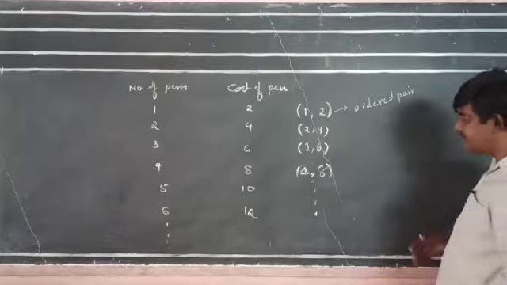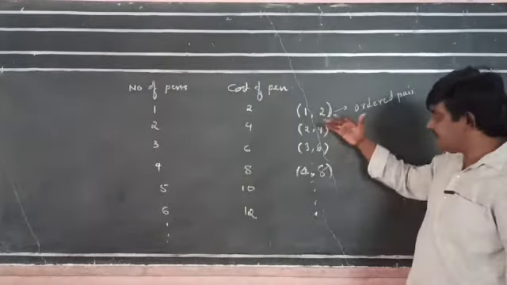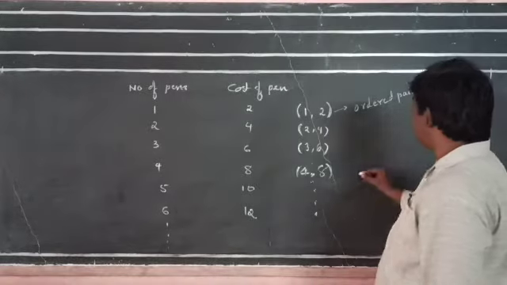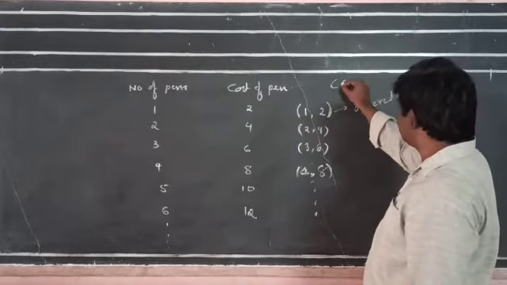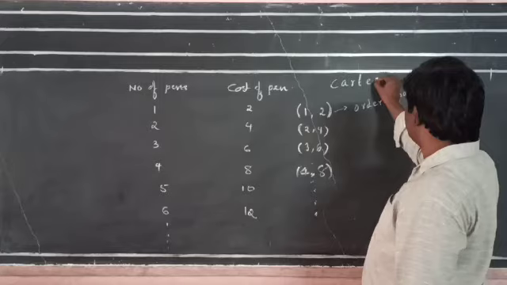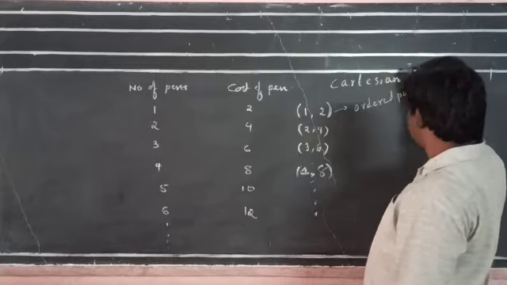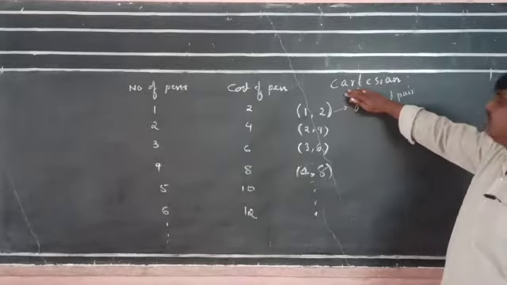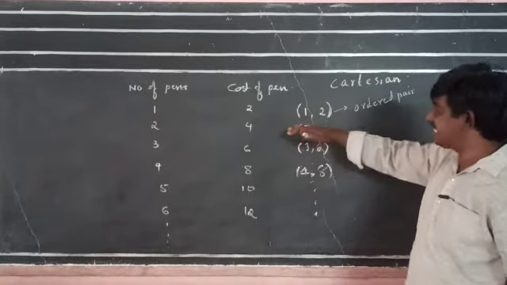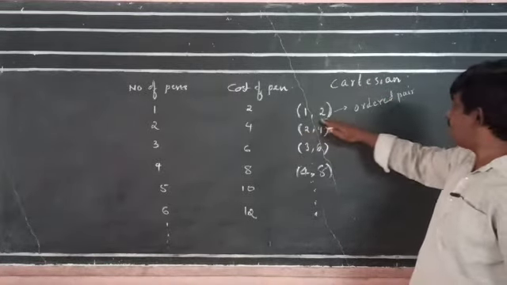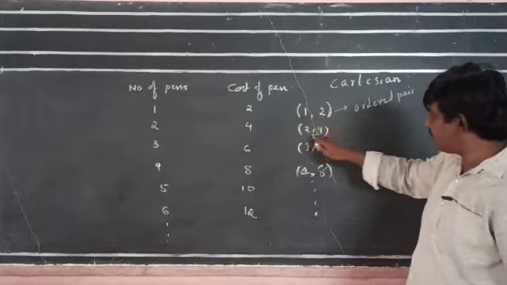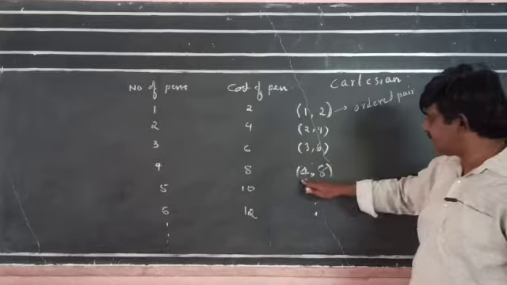Anything represented like this is considered an ordered pair. This was given by Cartesian, the name of the scientist. Cartesian introduced such relations, that is ordered pairs: ordered pair 1 comma 2, ordered pair 2 comma 4, ordered pair 3 comma 6, ordered pair 4 comma 8.